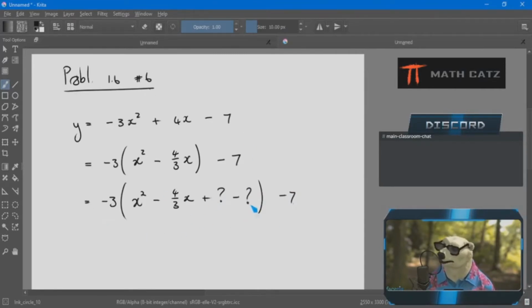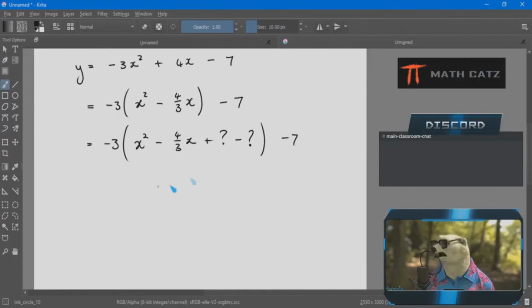I have to balance it by whatever that number is, taking it away as well. I don't know what that number is yet, but I know that these 3 terms with the correct question mark will become x minus some number p squared.